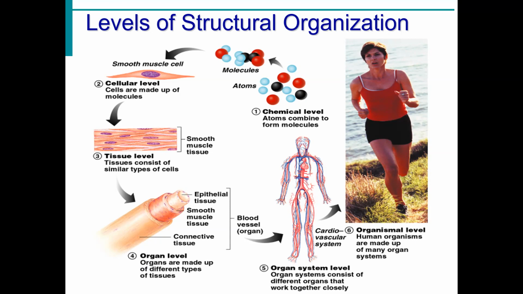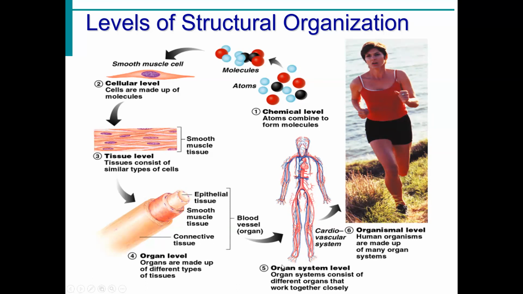So our bodies collectively are a group of organs working together as an organ system, which makes an entire organism or individual. So human organisms are made up of many organ systems, okay? For example, our cardiovascular system, which helps to circulate blood throughout our bodies.